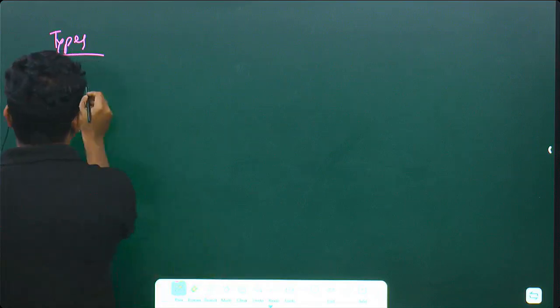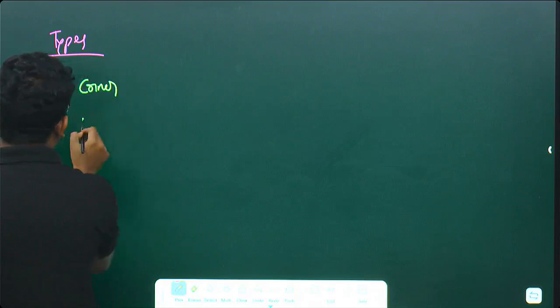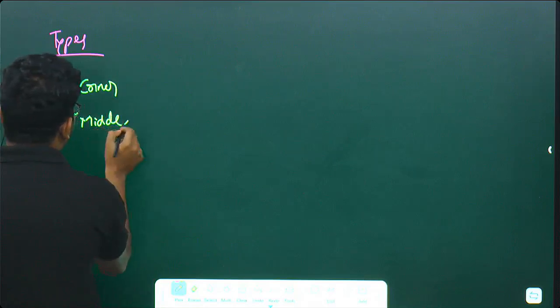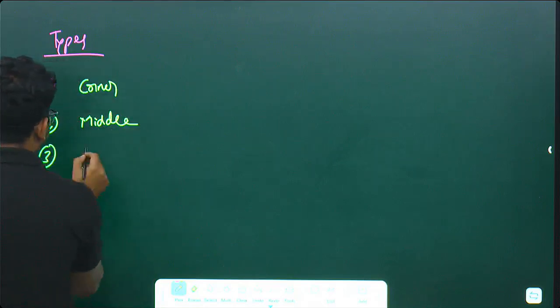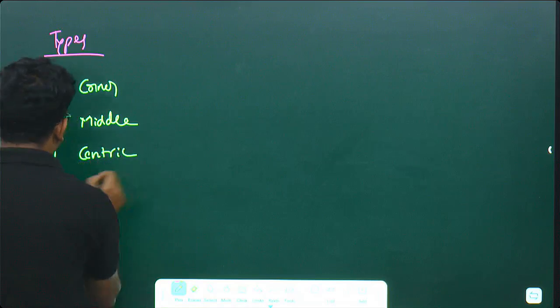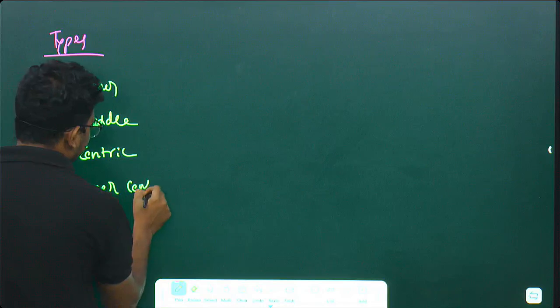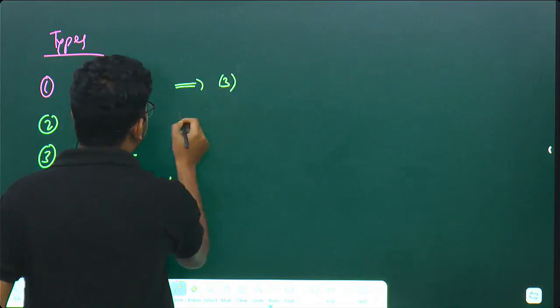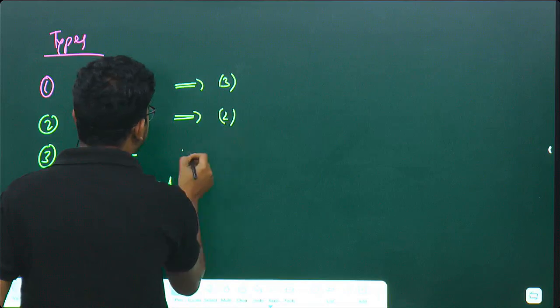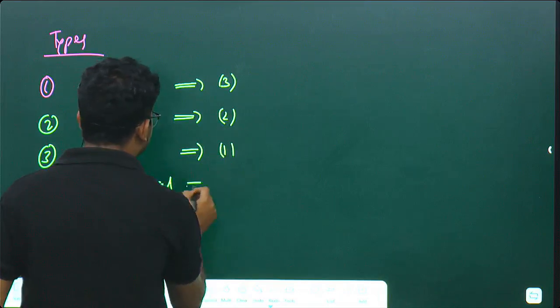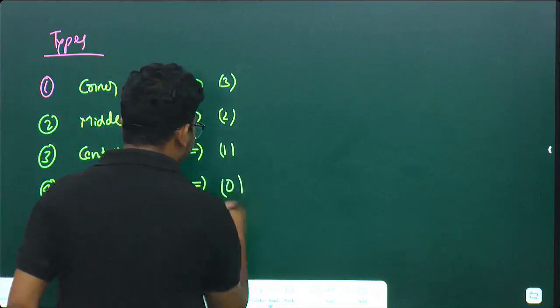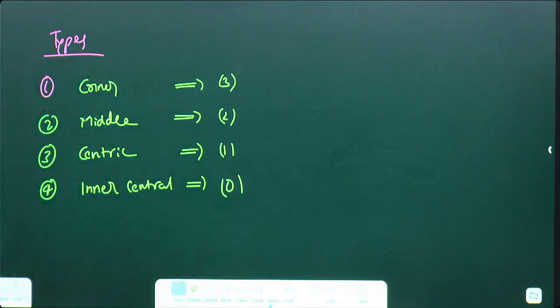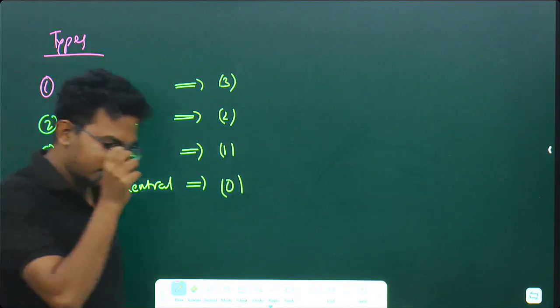First one is corner, second one middle, third one central or centric, fourth one inner central. This is 3 surfaces painted, this is 2 surfaces painted, this is 1 surface painted, and this is 0 surface painted.